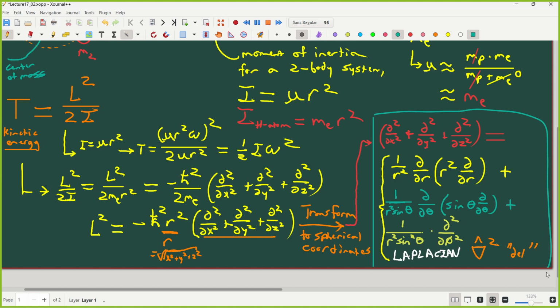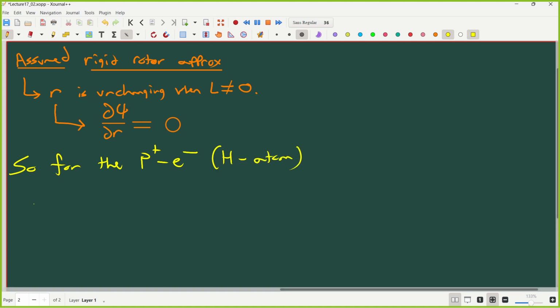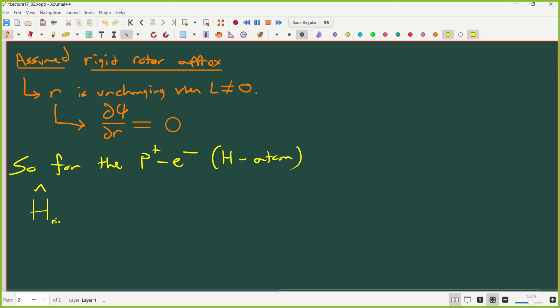So for a rigid rotor, so for our system, the proton plus electron system, the hydrogen atom, the Hamiltonian for the angular momentum, so we'll call that the rigid rotor, the angular part. Remember, we have a radial part and angular part. We'll call it angular.